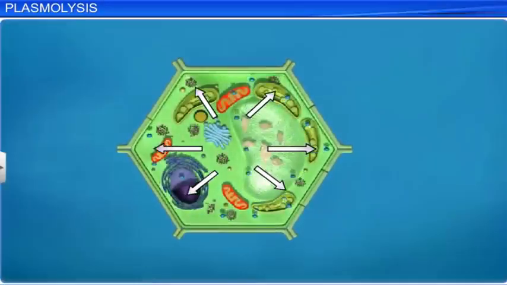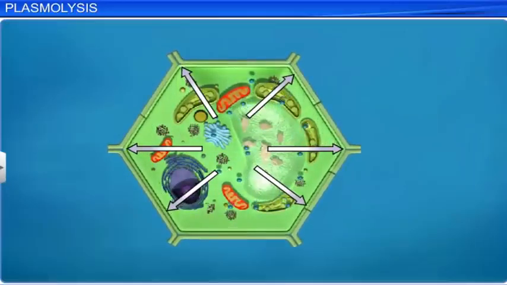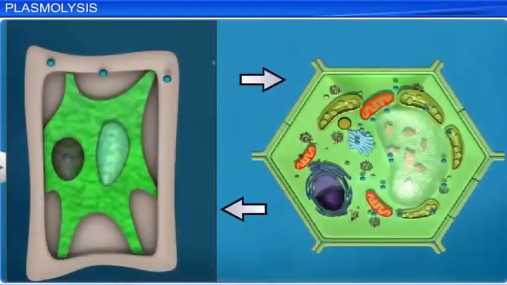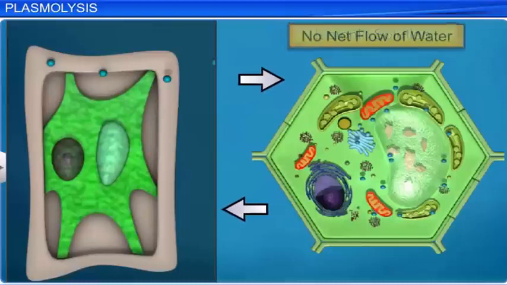Since plant cells have a rigid cell wall, the cell does not rupture despite the turgor pressure. However, the cell enlarges and results in the extension growth. Now, if this plasmolyzed cell is placed in an isotonic solution instead of a hypertonic or hypotonic solution, there is no net flow of water from either inside or outside the cell.